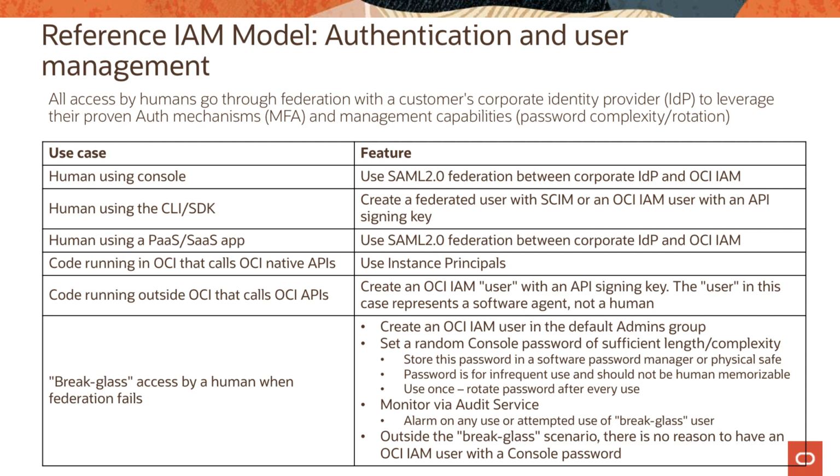But the default should be to use the federated access, and you should monitor non-federated access through the audit service, and keep track of when the break glass was invoked.